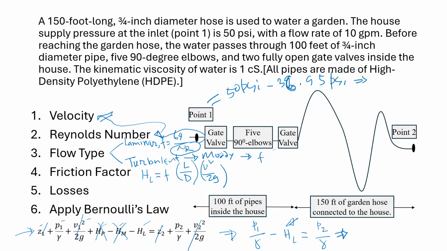So at point 2, that is what will be available after the loss. So this is point 1, 50 psi minus the loss, which will be equal to the pressure at point 2. So only 13 psi will be available at point 2.